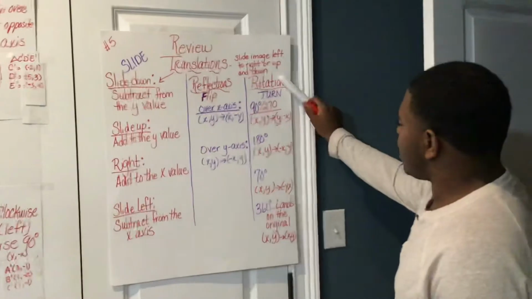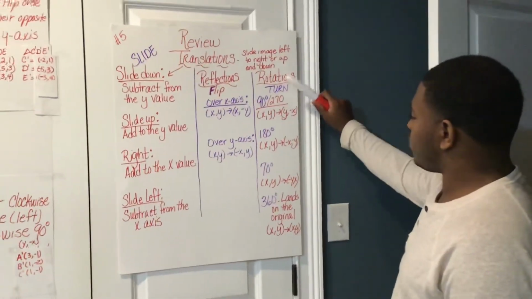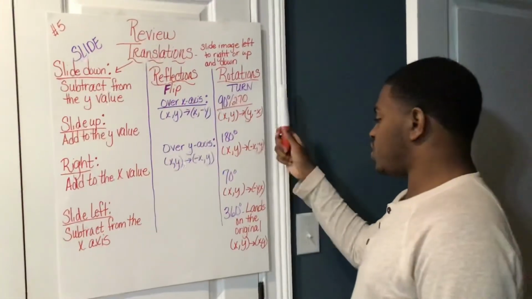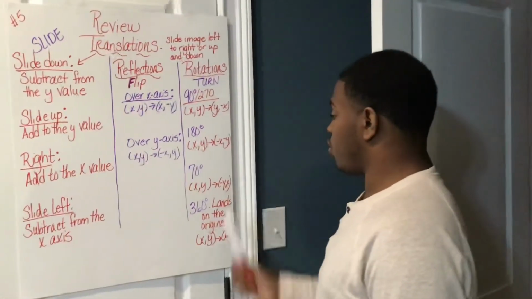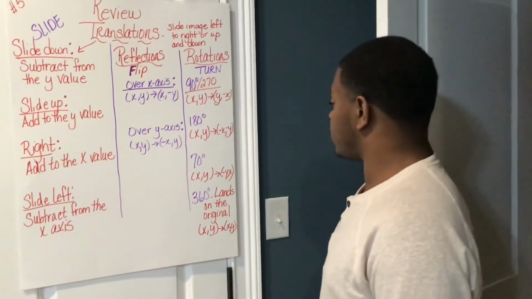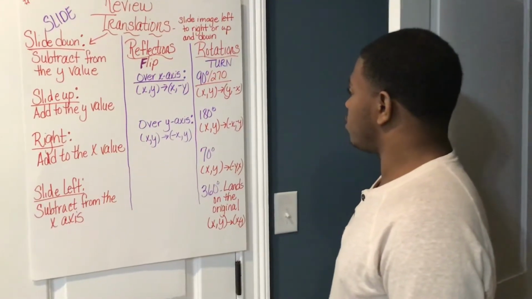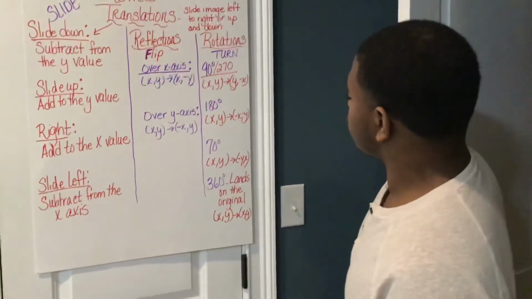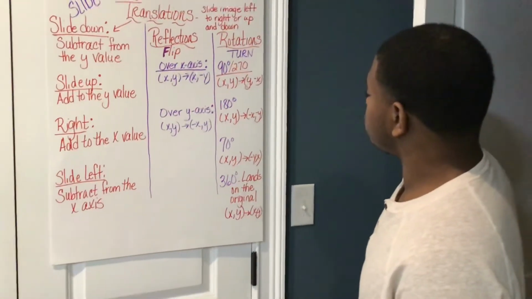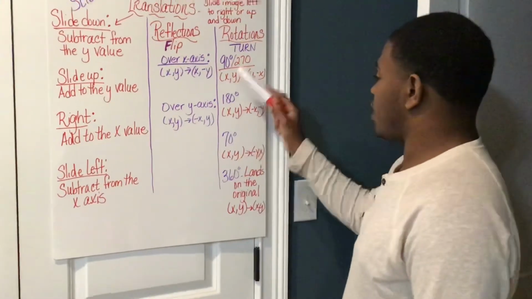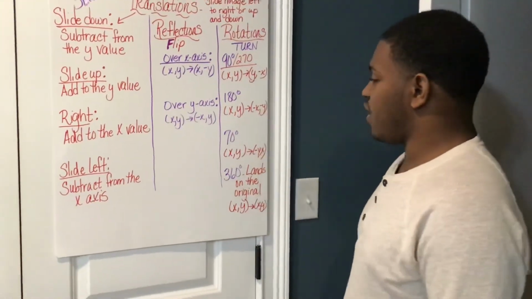And finally, rotations. And you're going to be turning based on what the question asks of you. Now, 90 and 270 are, well, I don't know why Miss Heath wrote this, because technically 270 is supposed to be negative y comma x. So, yeah, that was an error on that. Apologize. Okay, but as previously stated, 90-degree rotation, y comma negative x.